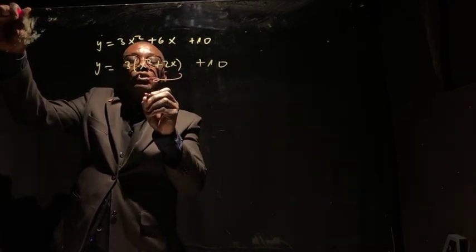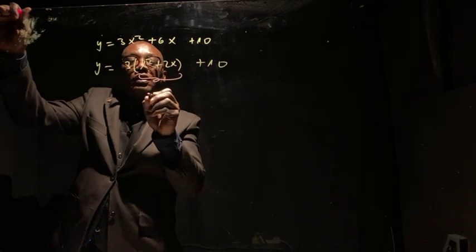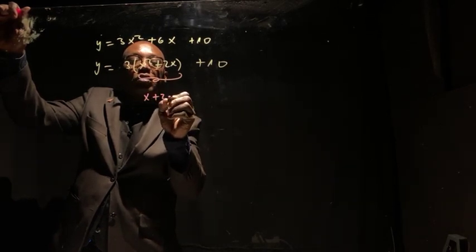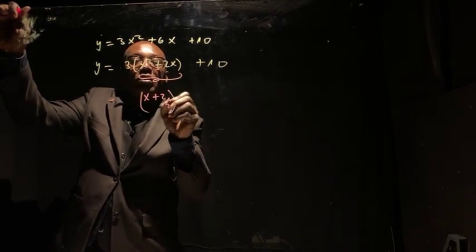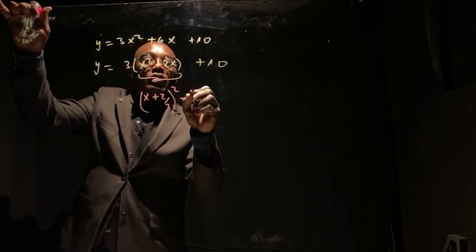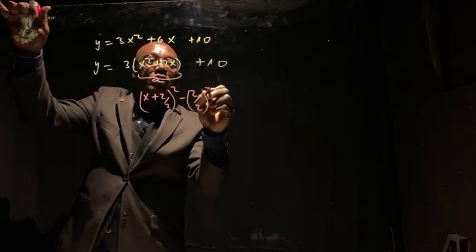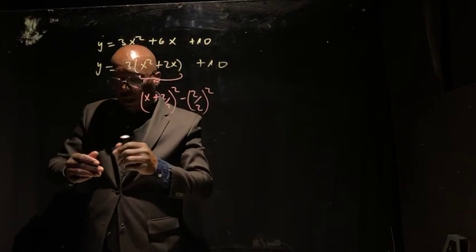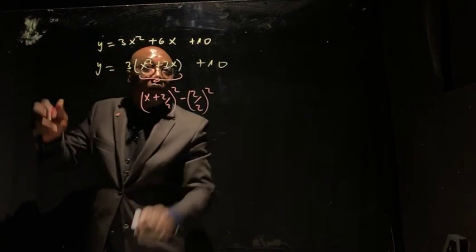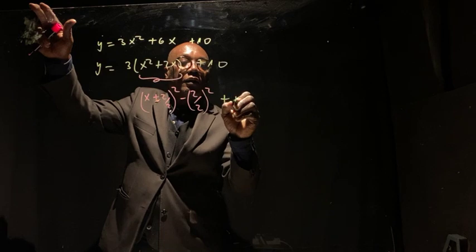If we complete the square, this portion is the same as x plus 2 over 2 squared, minus 2 over 2 squared. Then we have our plus 10 over there.